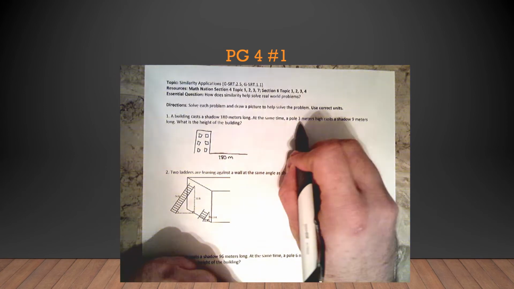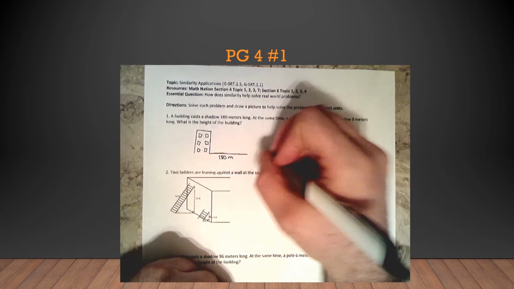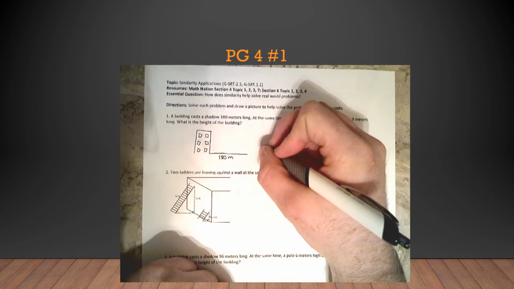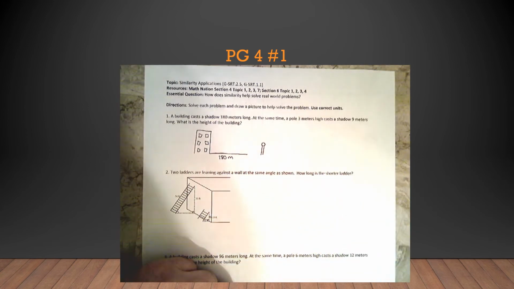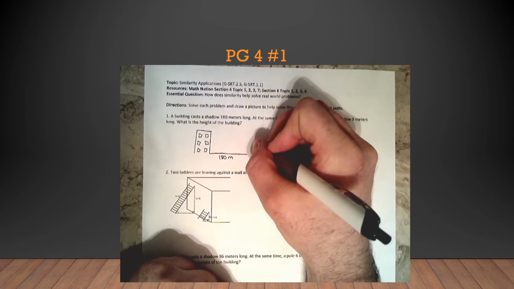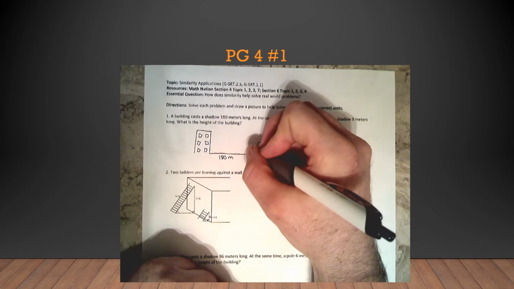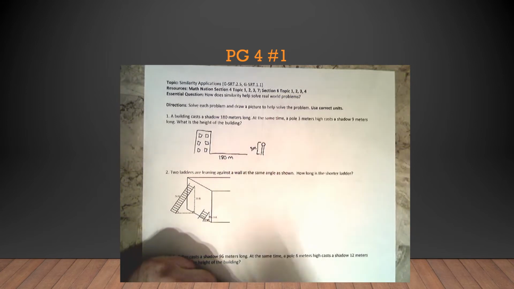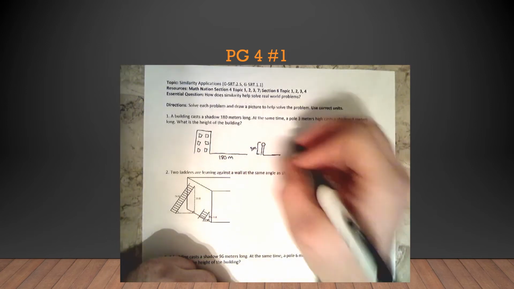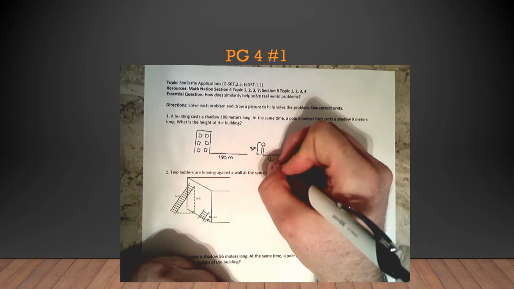Then we also have a pole that is 3 meters high. So I'm going to put a little pole here, and that pole is 3 meters high, and it has a shadow that goes out 9 meters long.